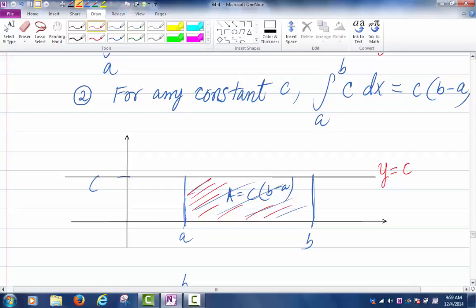It's not going to be a number, of course, because we don't know what c is, and we don't know what a and b are, but you should be able to tell me the value of the Riemann sum in terms of c, a, and b. Look at the Riemann sum from a to b of f and tell me what's the value of that Riemann sum.